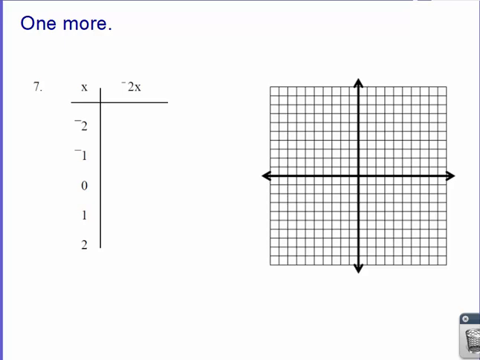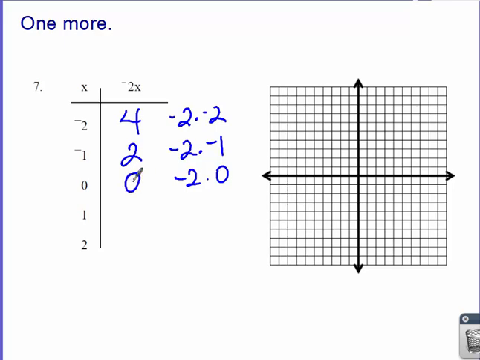Now this one is very similar to one that we did already, but this one has a negative coefficient. Do you think that's going to have any impact? Well, let's see. This one says -2 times, my x value is -2, so that'll give me a +4. Then -2 times -1, that gives me a +2. And then -2 times 0, well, that gives me a 0.